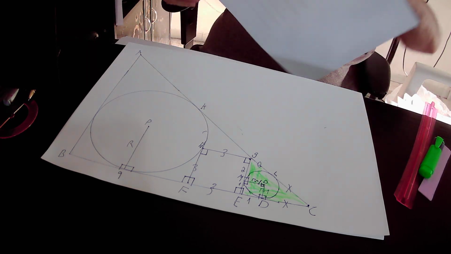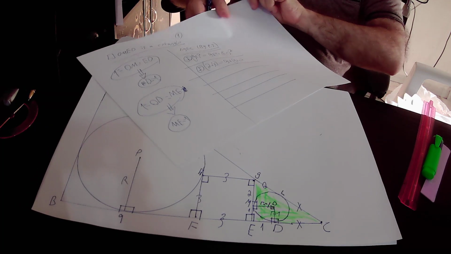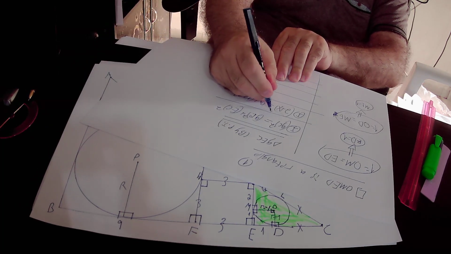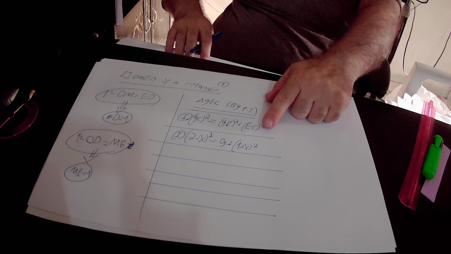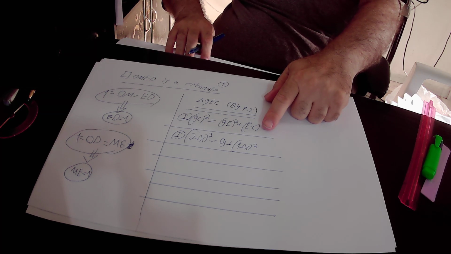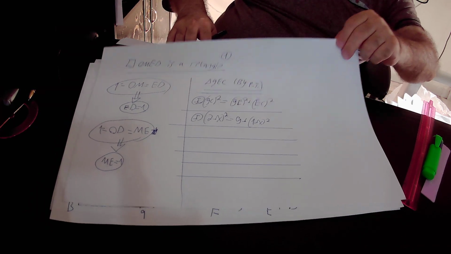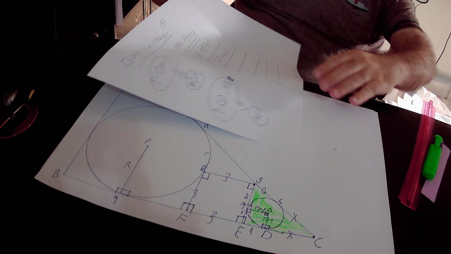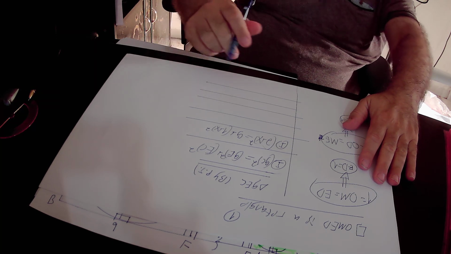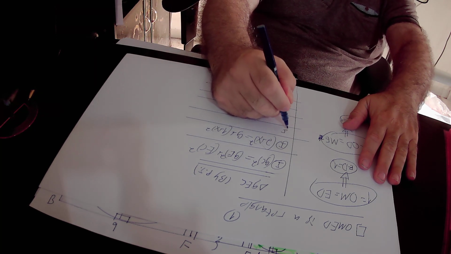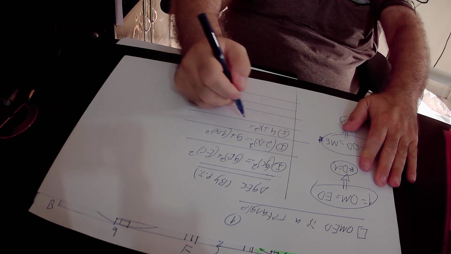So, according to equation number 1, we found that (2 plus x) square equals 9 plus (1 plus x) square. Here we open the brackets on both sides of equation number 1, and we get that (2 plus x) square equals 2 squared, that is 4, plus x square, plus 2 times 2x, that is 4x.